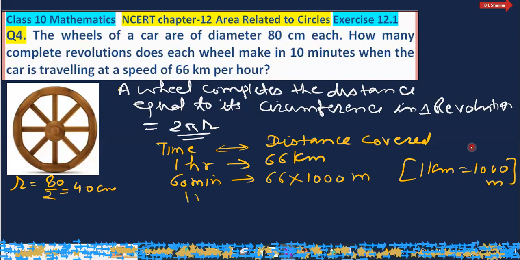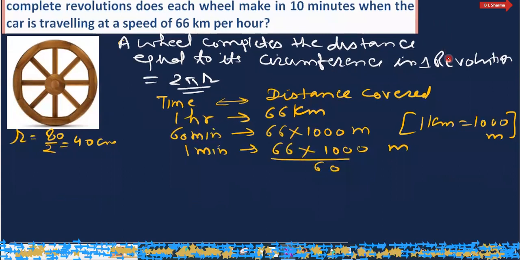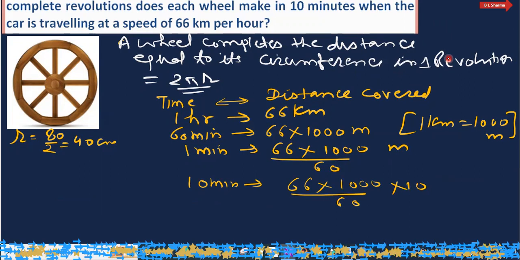Therefore, in 1 minute it covers the distance equal to... लेकिन ये 1 मिनट का नहीं, हमें चाहिए 10 मिनट का। That is why this wheel covers in 10 minutes, it covers 10 meter.